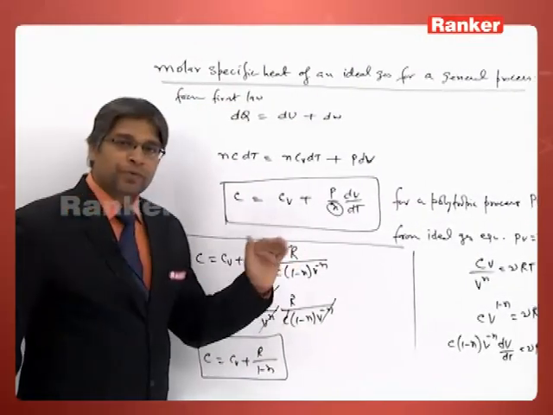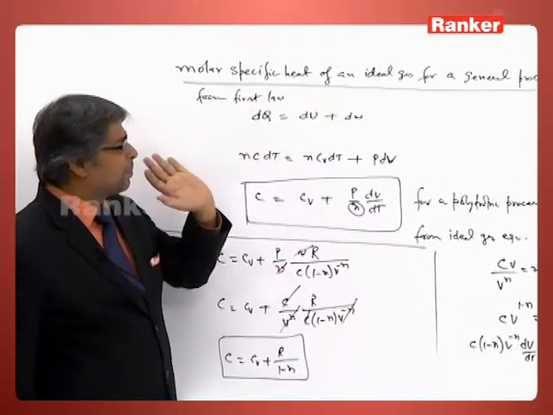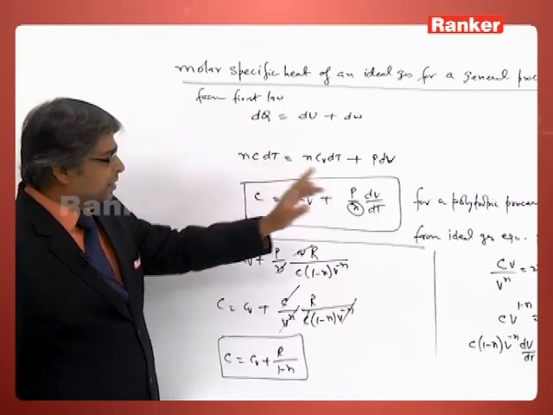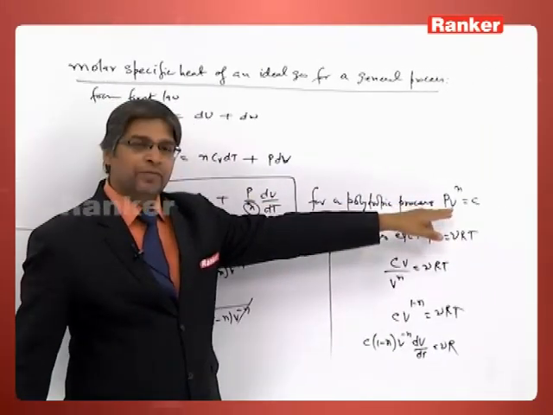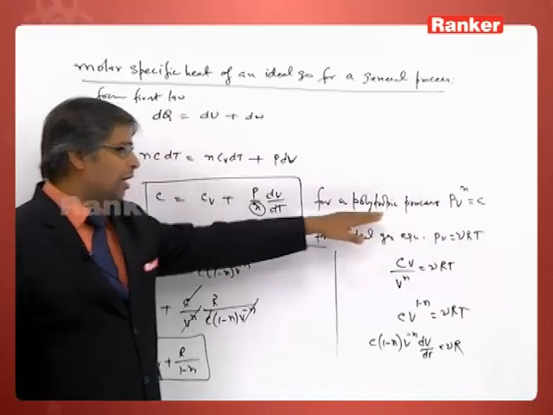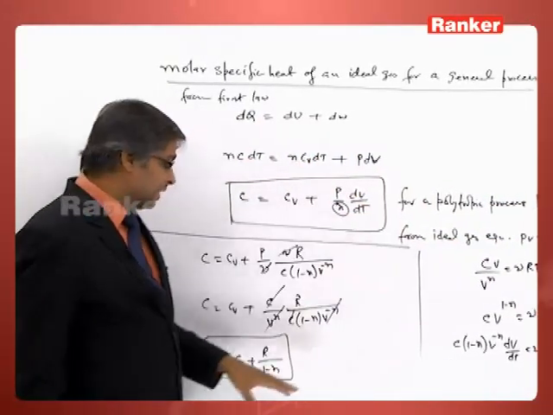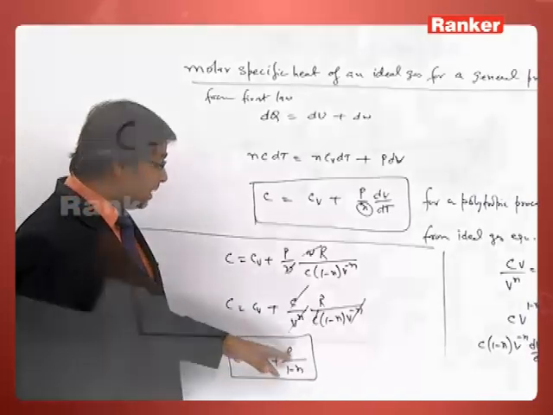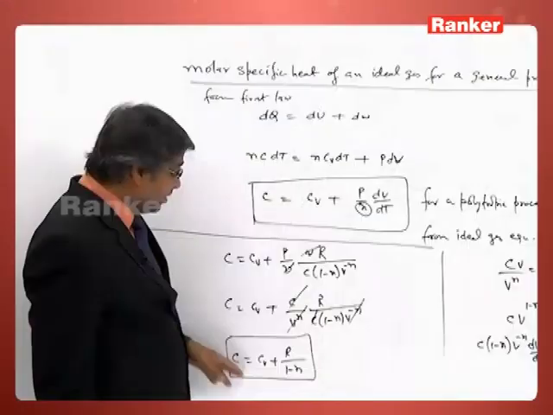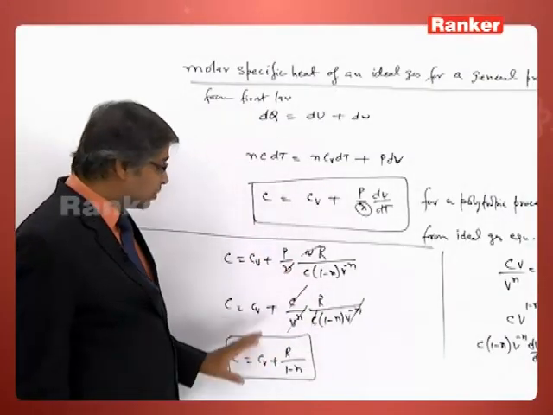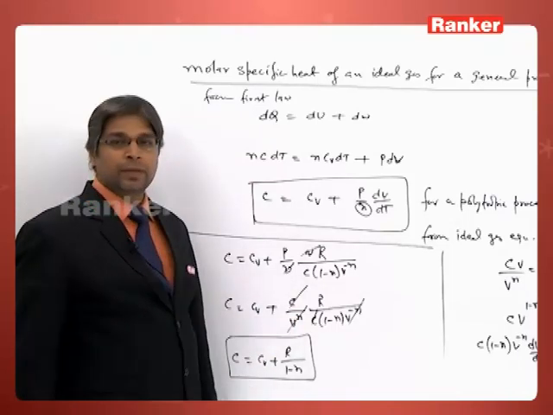So if we have a general process that is generally represented by PV to the power n is equal to C, we call this process a polytropic process. Then C will be CV plus R by 1 minus n. This is a general formula that is very useful for problem solving purposes.